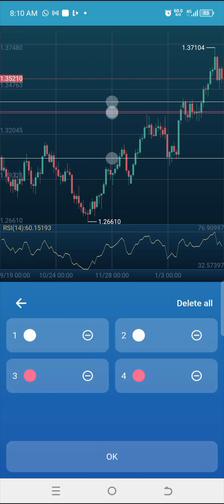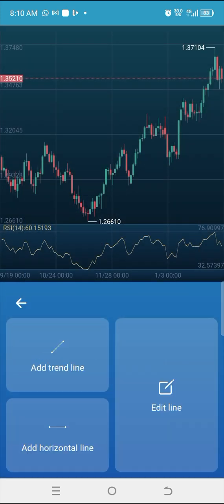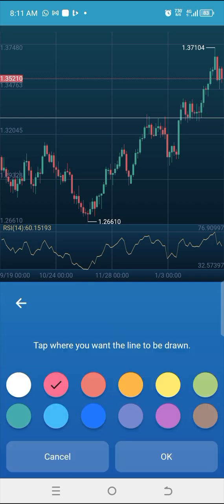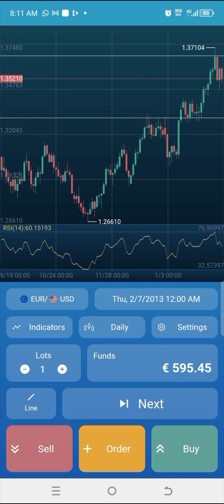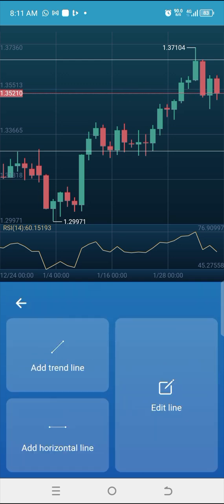All right, let's clear most of the lines. This one, let's put another line there. Let's put another one there.